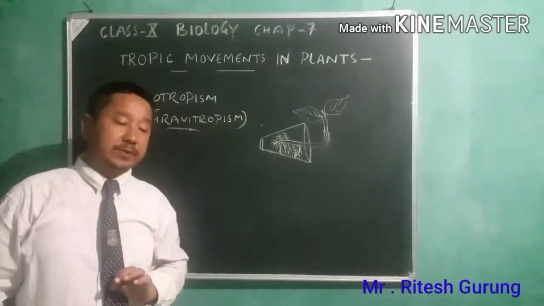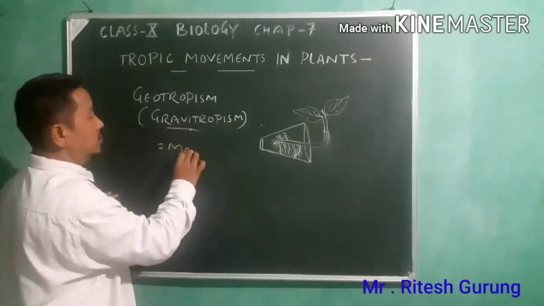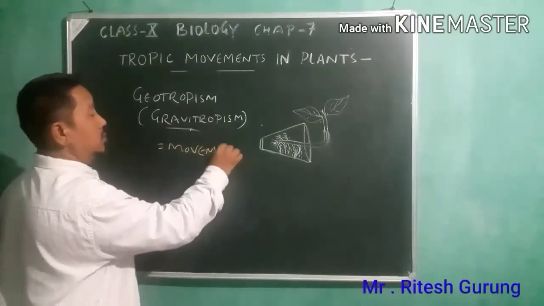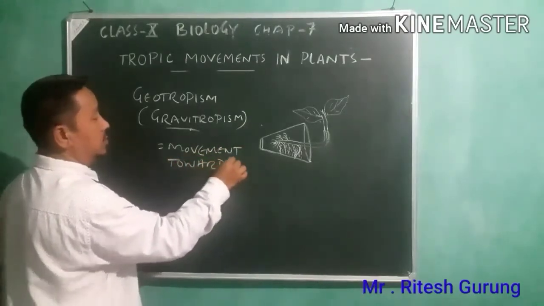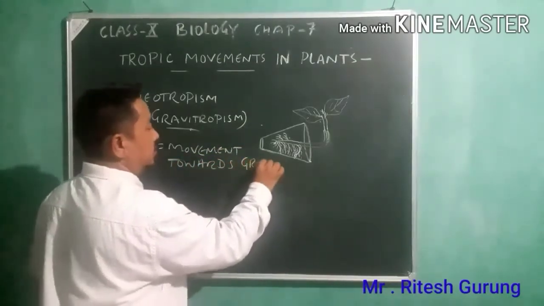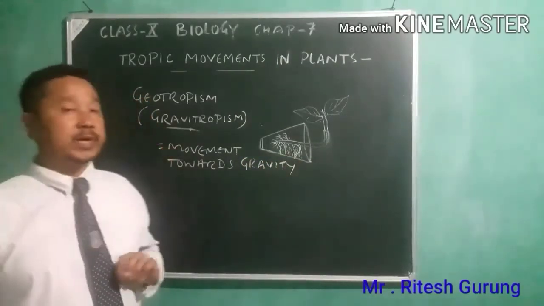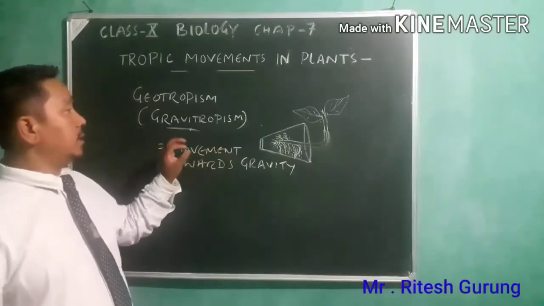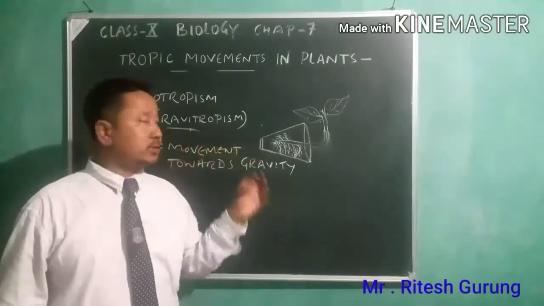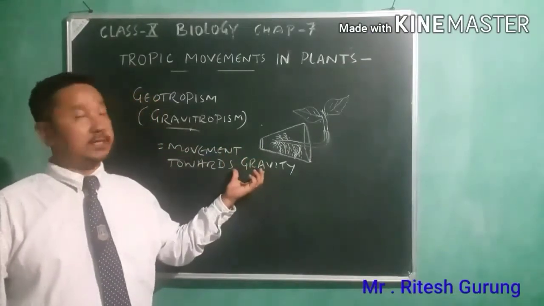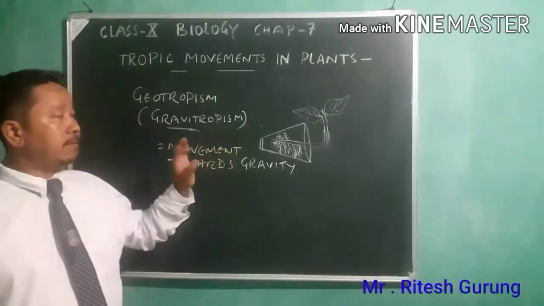Geotropism or gravitropism means the movement towards gravity. Movement shown by the plant parts towards gravity, okay, that is called geotropism. Clear?